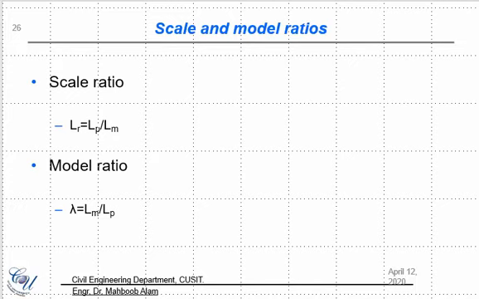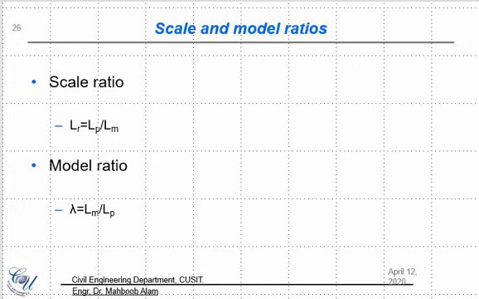Now, two ratios that we need to consider in model development are the scale ratio and the model ratio. You will come across, in a few slides, different numericals where we would be given the scale ratio and we would be asked to develop a certain kind of model.